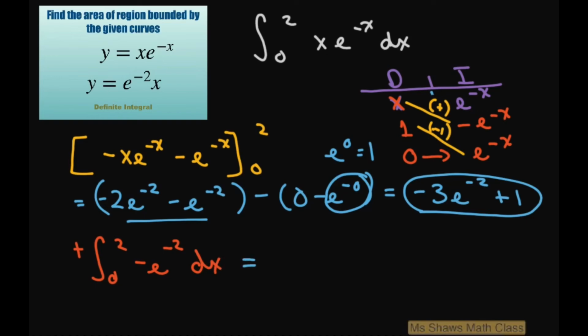Now I can rewrite this as negative e to the power of negative 2, because that's a constant, times the integral from 0 to 2 of x dx. Let's integrate that one.